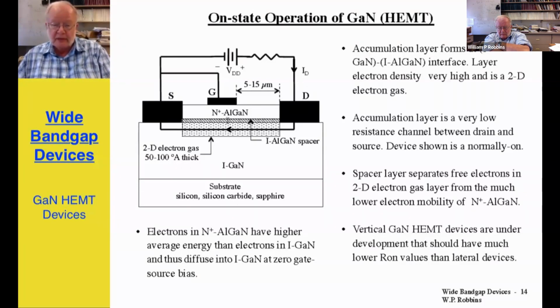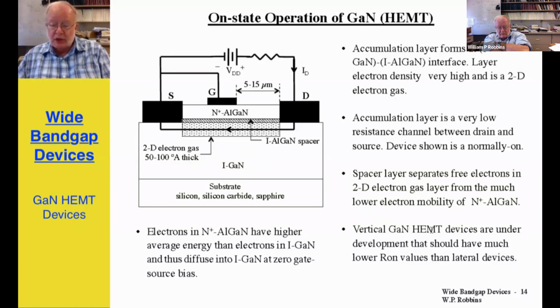But by having a spacer layer here, we greatly diminish the influence of those ionized donors, and so the electrons in the accumulation layer or two-dimensional electron gas take on essentially the same mobility as electrons in the intrinsic gallium nitride bulk, and that is significantly higher than the mobility in the N+ aluminum gallium nitride by a factor of 4 or 5 or more.